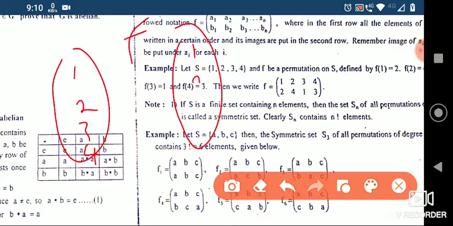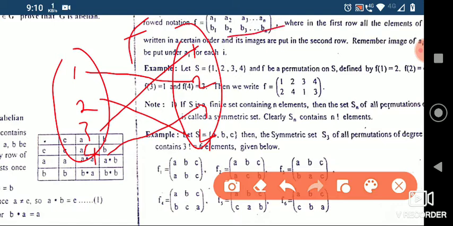Then also you have 1, 2, 3, 4. They define where 1 goes to 2, 3 goes to 1, 4 goes to 3, and 2 goes to 4. That's what they define. Then how do we write in this form?